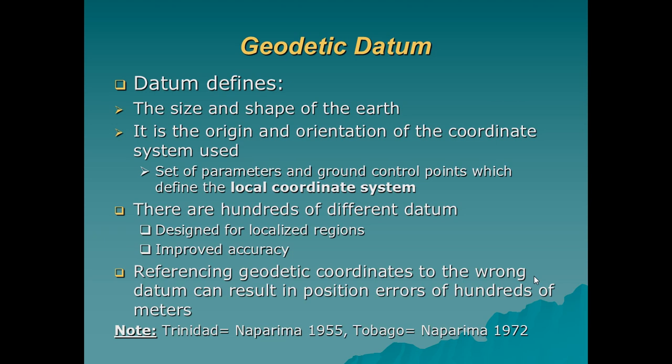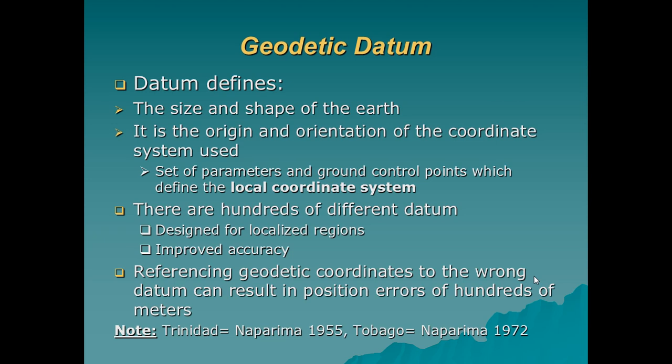So what I want you to bear in mind is the datum influences the results of the coordinate system. So when we reference a coordinate system by name, that name should also include the datum from which it was derived.